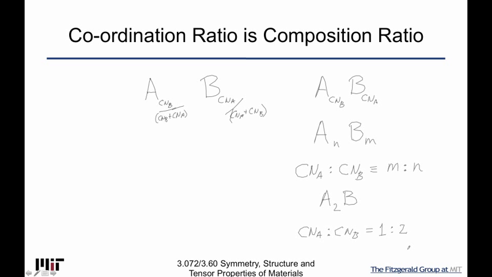So the coordination of B is higher. And you can see that, of course, in this formula because there's more A's around, and so there obviously must be more A's bonded to B. And so that is the relationship between the coordination ratio and the composition ratio.